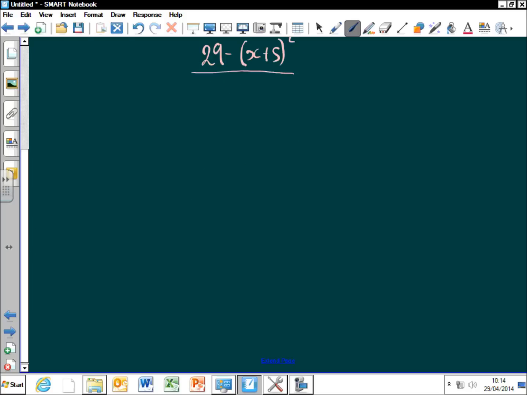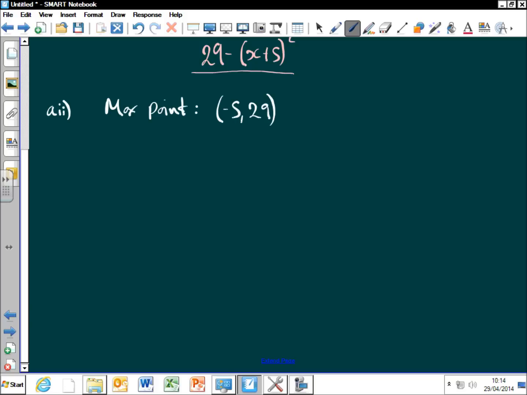It then says, hence write down the equation of the line of symmetry to the curve. Well, the completed square form, this bit here, in this case it tells you the maximum or minimum point. In this case, it's going to be telling you the maximum because it's negative, so it's like a sad face. So it's telling us the maximum, and the maximum of this curve, or the max point, is when x is going to be minus 5, minus 29.